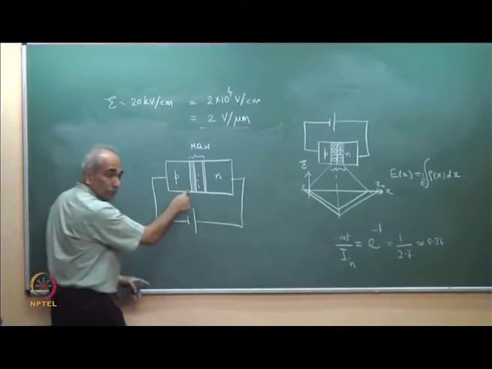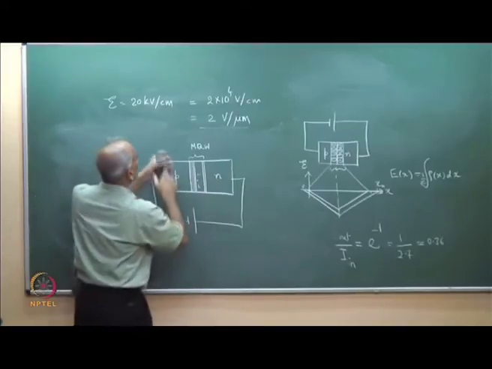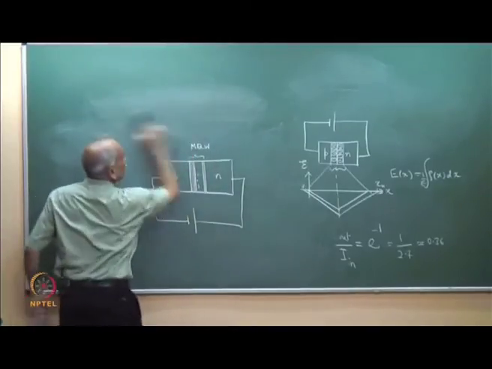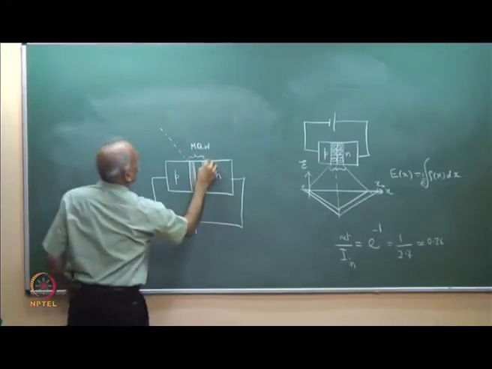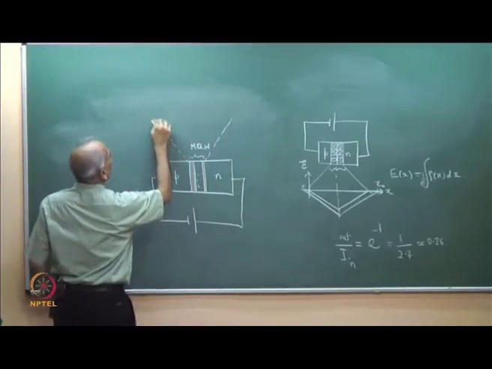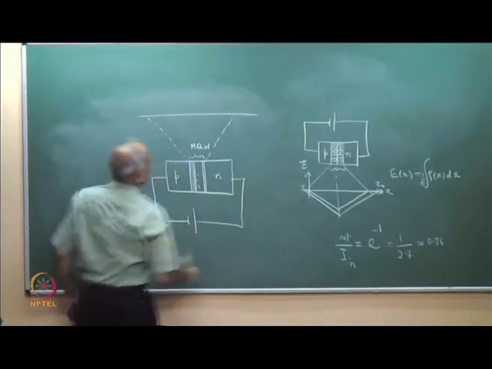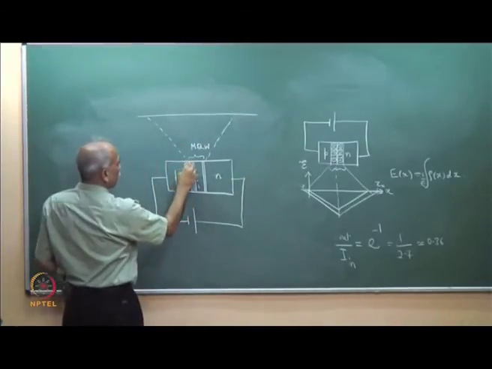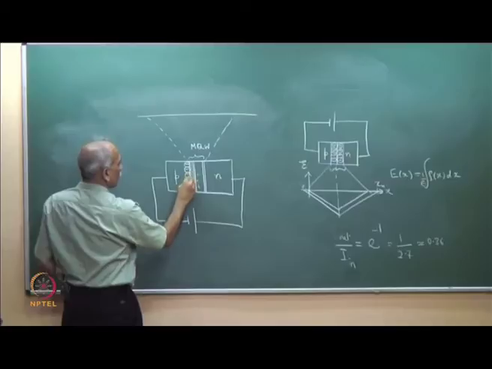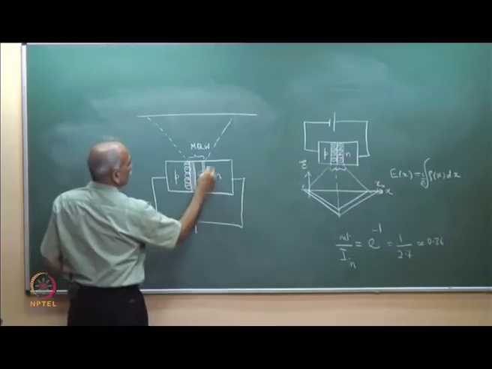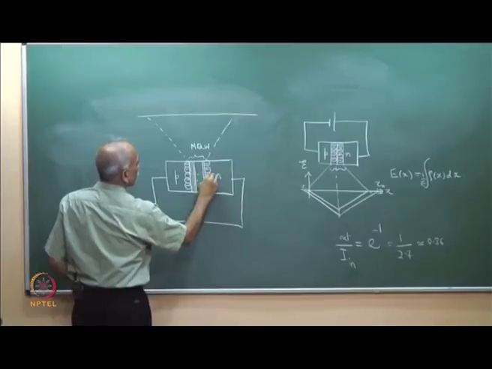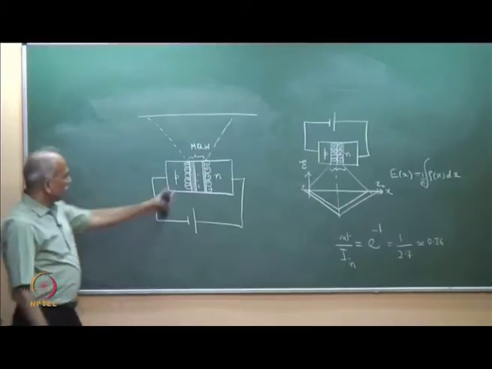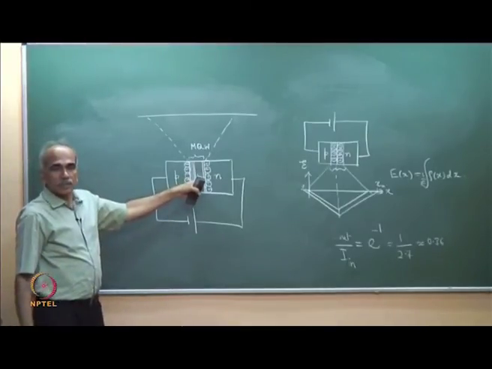If you plot the electric field across this, how does it look? The charges here will be negative and the charges here will be positive, and in the intrinsic region there are very few charges.